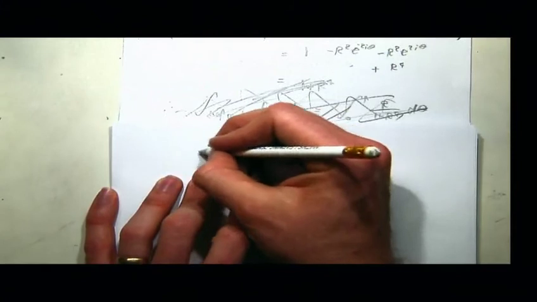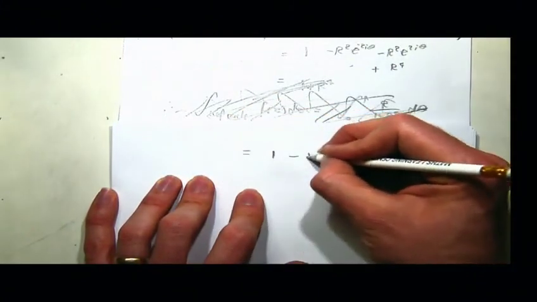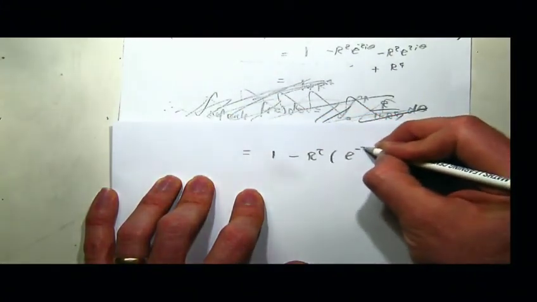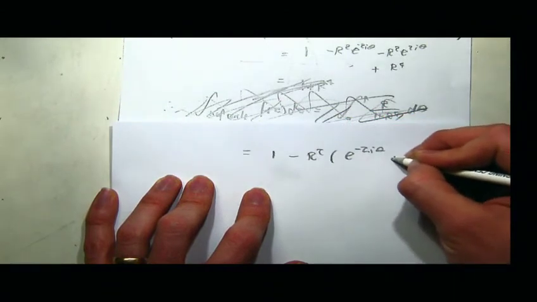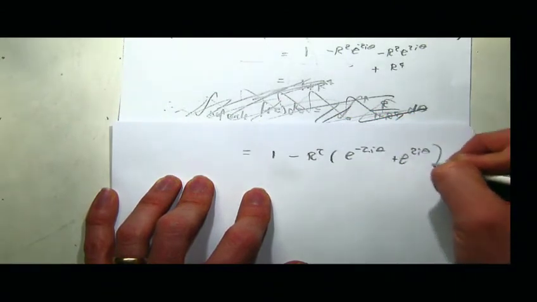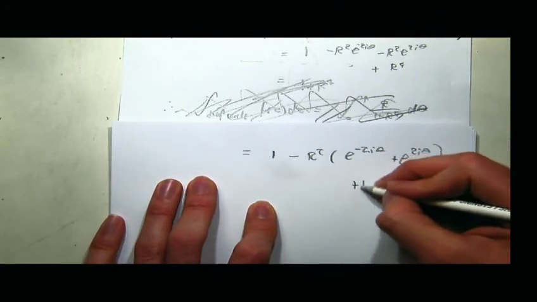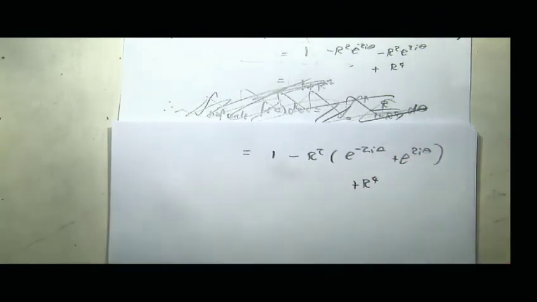Just a second. 1 minus r squared e to the minus 2i theta plus e to the 2i theta plus r to the 4. And the conjugates multiplied would totally be the length, wouldn't they? But that's okay. It's all good.